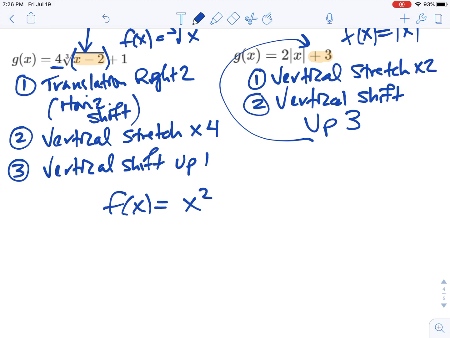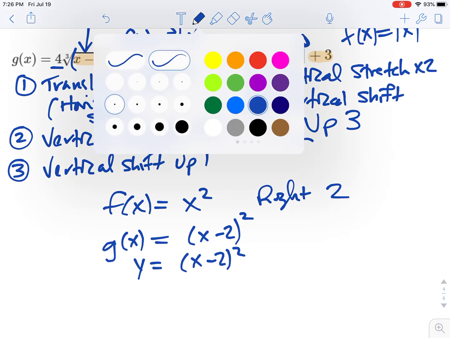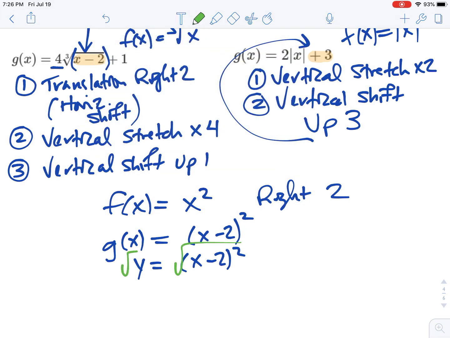So say we want to shift this right 2. What we're going to do is actually do g of x equals (x minus 2) squared. So why does that shift it right and not left? Well, say we call this y equals (x minus 2) squared, and you want to solve this for x, you do the square root.